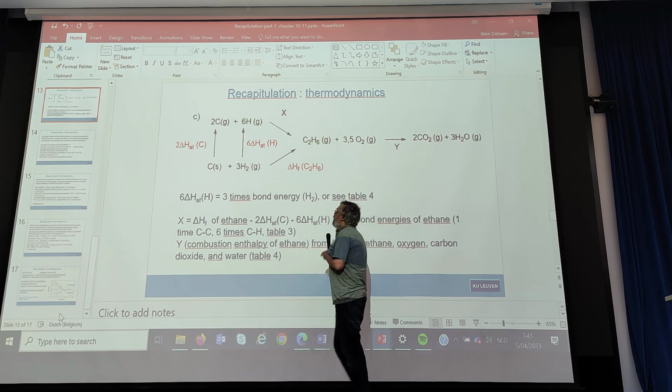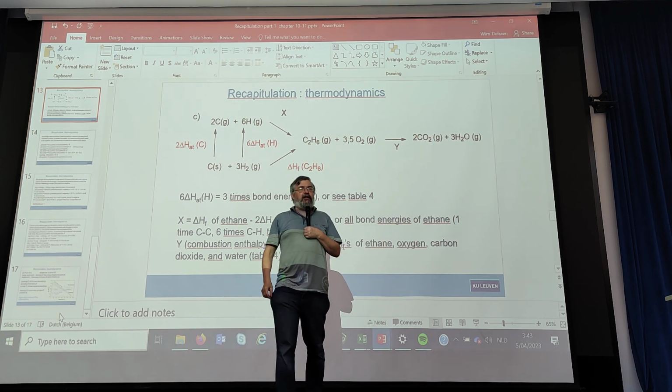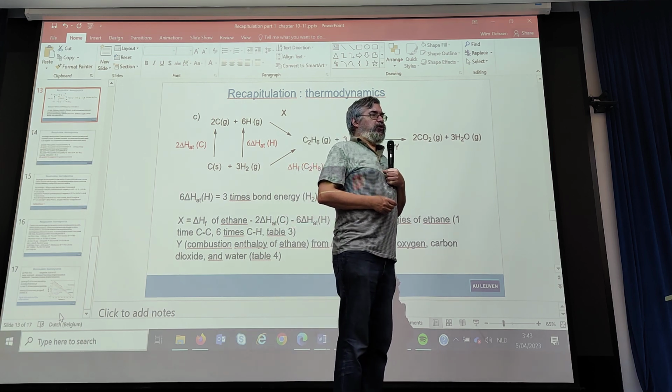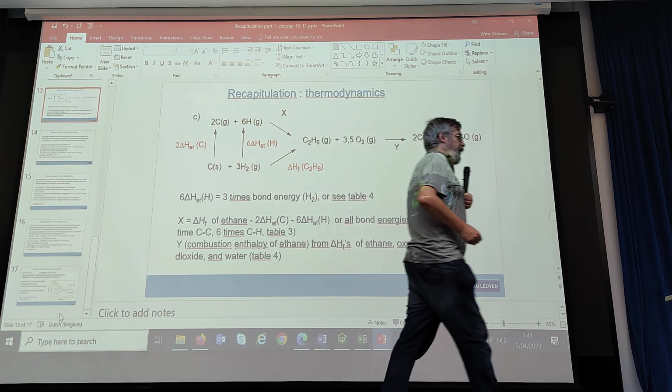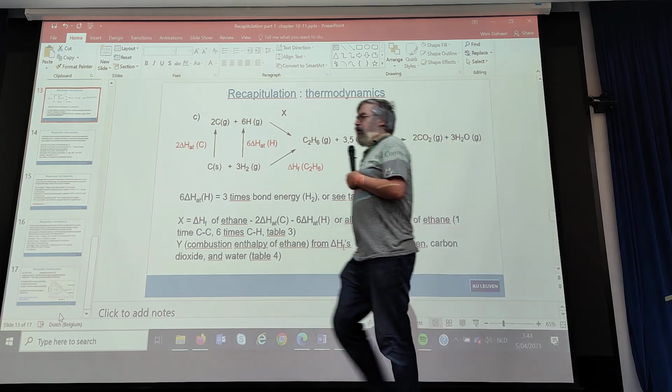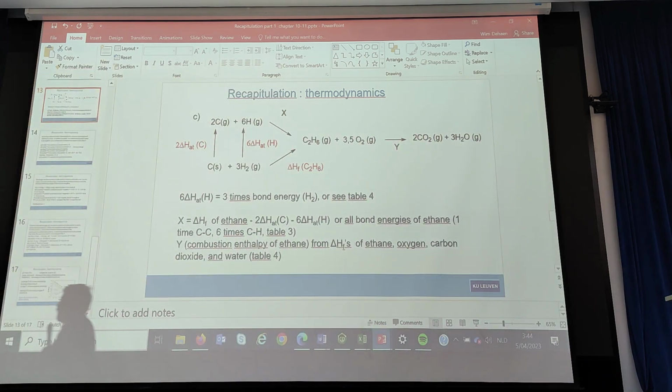Actually, this is making all of the bonds between carbon and hydrogen in a molecule of ethane. And a molecule of ethane looks like this: two carbons connected together, and then 6 hydrogens.